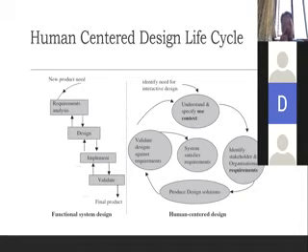Okay, now if I talk about this life cycle, which is shown on the right part of this slide, the first activity in this life cycle is defining the context of use. So how to define the context of use? Defining the context of use in terms of scenarios, use cases, task model, ICT infrastructure, physical environment, and the social environment context.